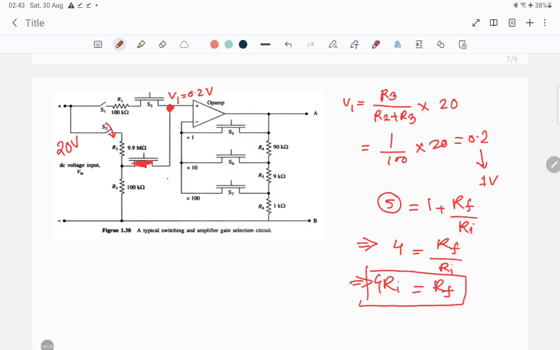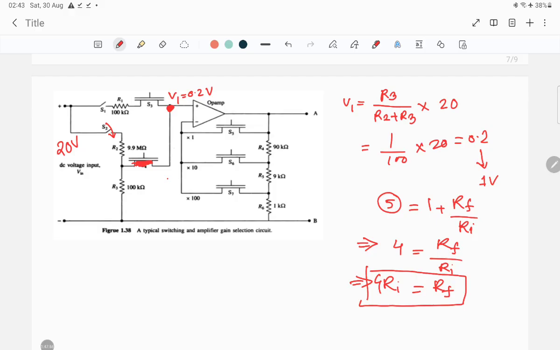Okay, but you have to maintain a ratio. You have to maintain the total summation of 100 kilo ohms.